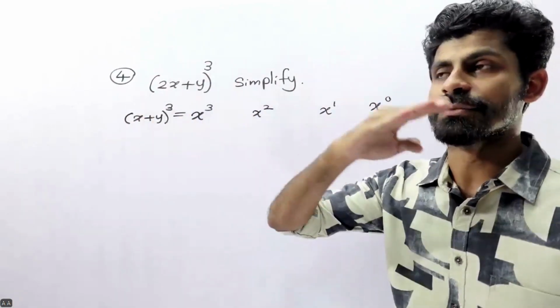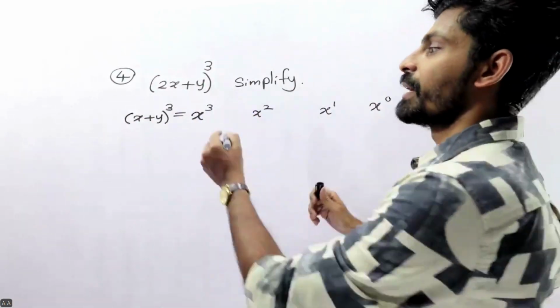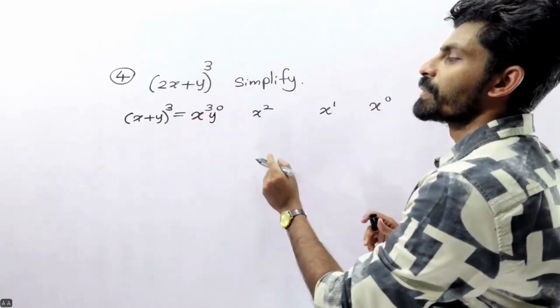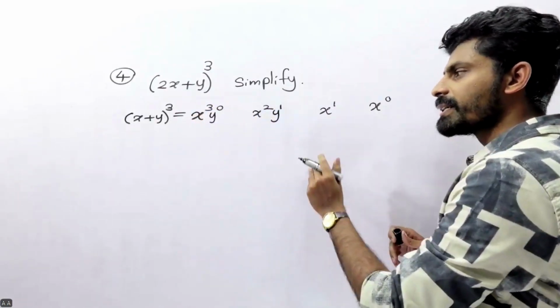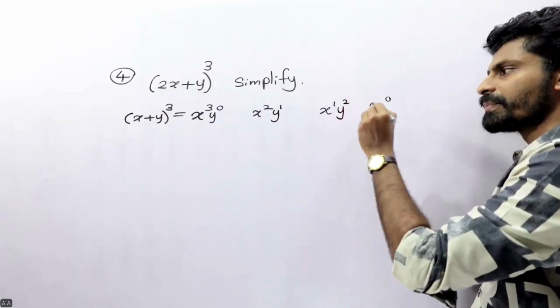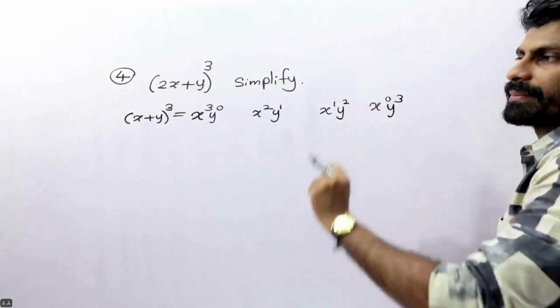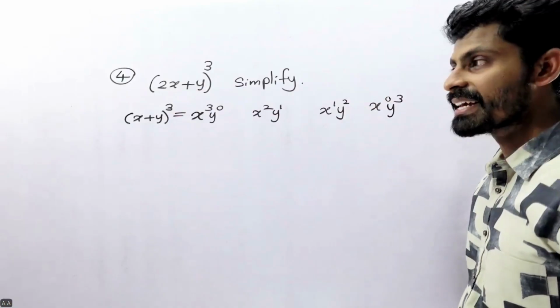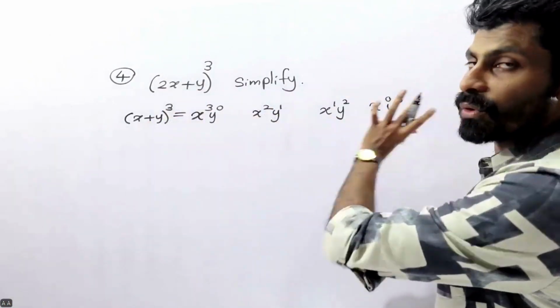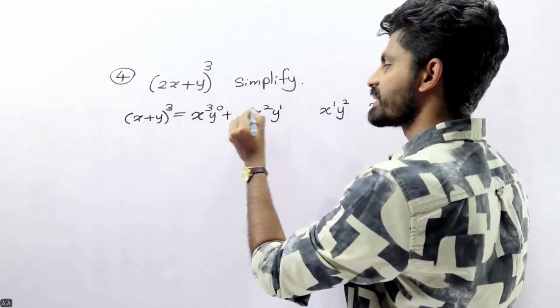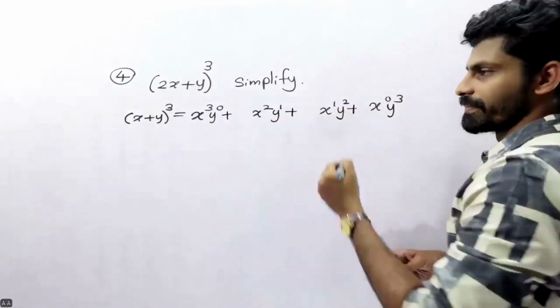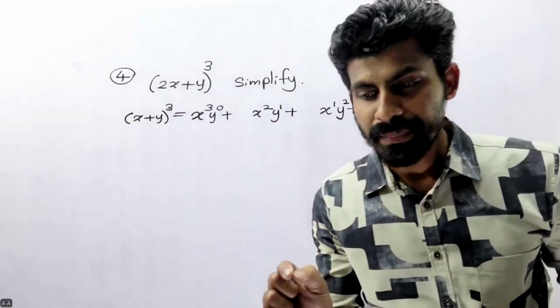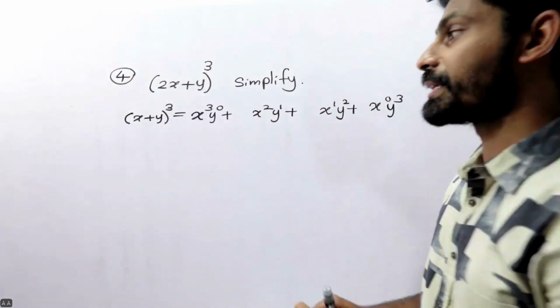Look at the y powers: y powers are increasing. Y to the power 0, y to the power 1, y to the power 2, y to the power 3. Then plus means all are plus. Plus, plus, plus, plus. Power 3 means we need to keep that in our mind.